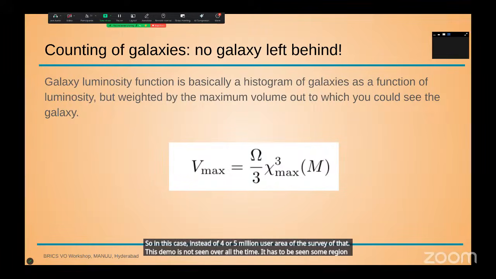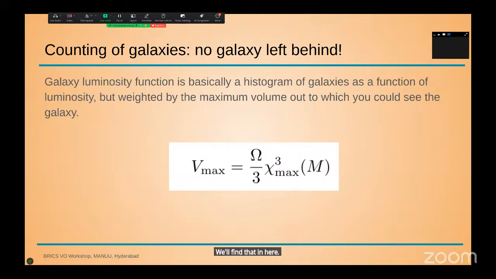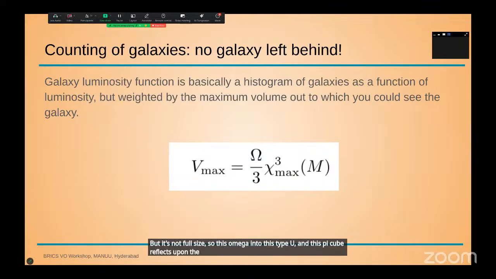So we'll plug in whatever the area is in steradians. If it was full sky, it would be 4 pi, just like this. But it's not full sky, so this is omega by 3 times this distance cubed. And this depends upon the luminosity or the absolute magnitude of your galaxy. So we use this as the weight in order to compute the luminosity function.